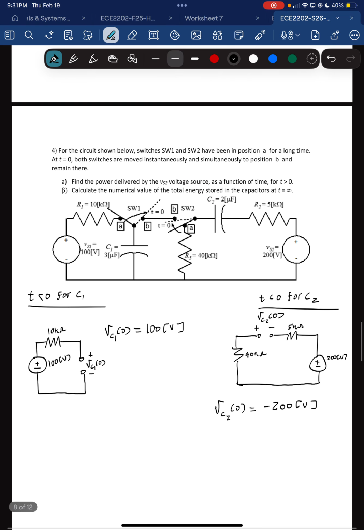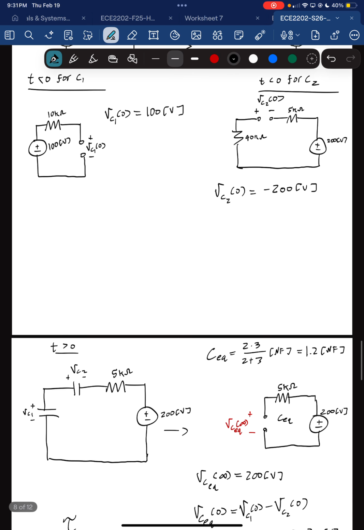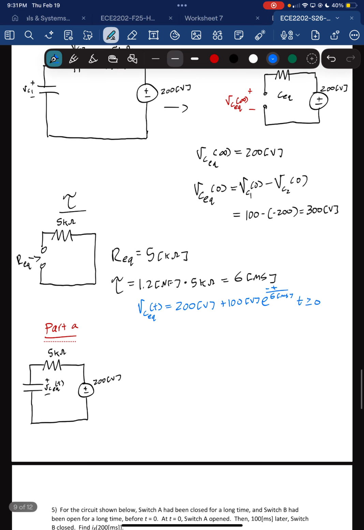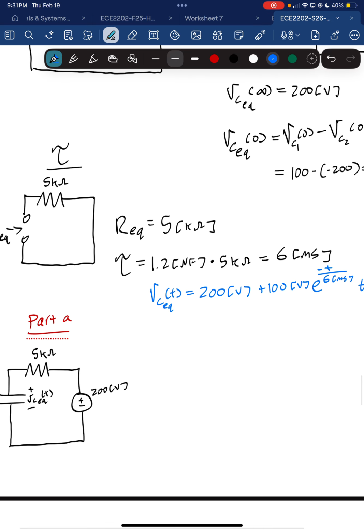The question wants us to find the power delivered by the 200 volt voltage source as a function of time. Keyword there, as a function of time. And that makes sense, right? Because the power delivered by VS1 is going to be V times I, where V is constant, but I, the current leaving the battery, is time varying.